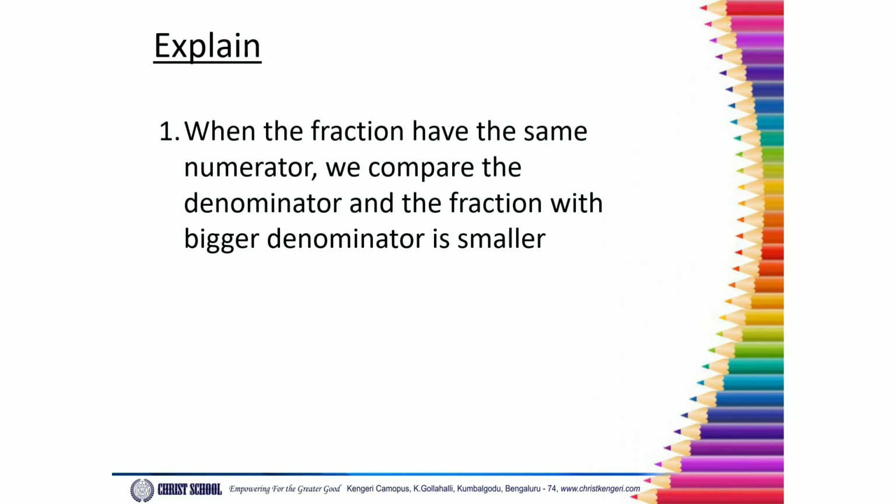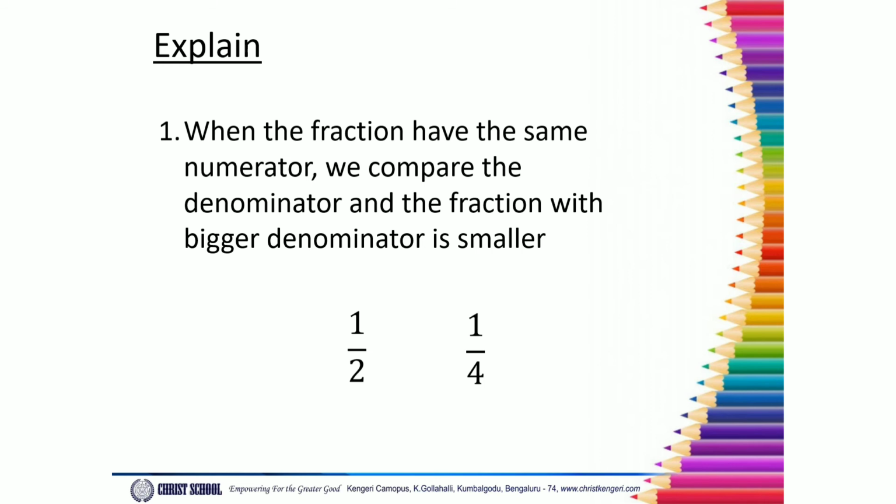When the fractions have the same numerator, we compare the denominator, and the fraction with the bigger denominator is smaller. For example, you can see two fractions, 1/2 and 1/4. Both have the same numerator, 1 and 1. So we need to compare the denominators.